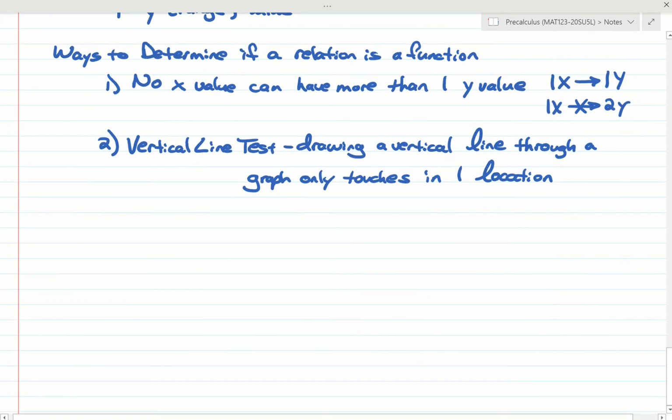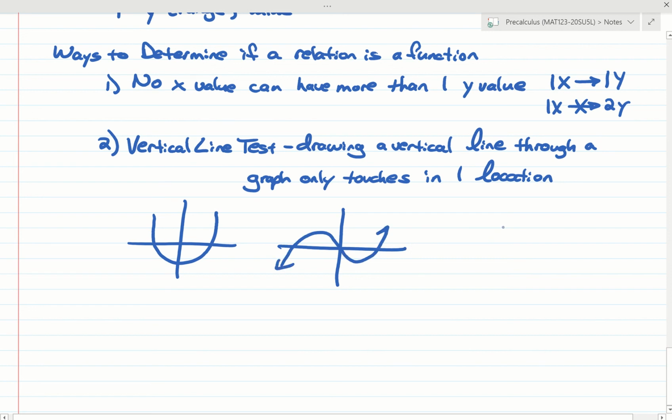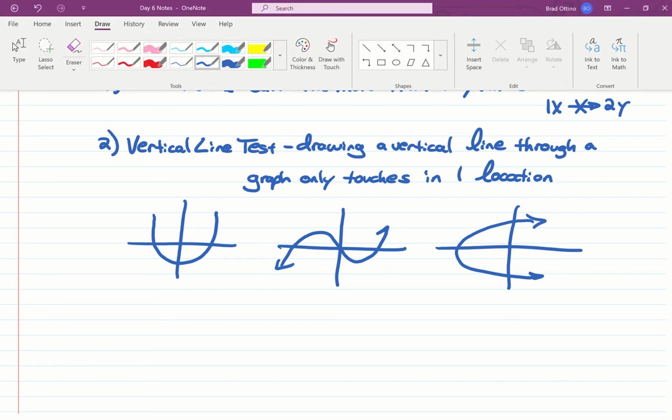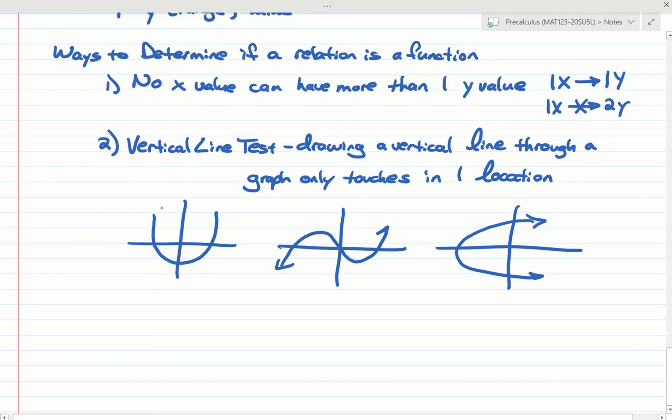So for example, if I had a graph like this, maybe a graph like this, and a graph like this. If we drew vertical lines through these graphs, well, it only touches in one place here, so we'll call this a function. fxn is abbreviated function.